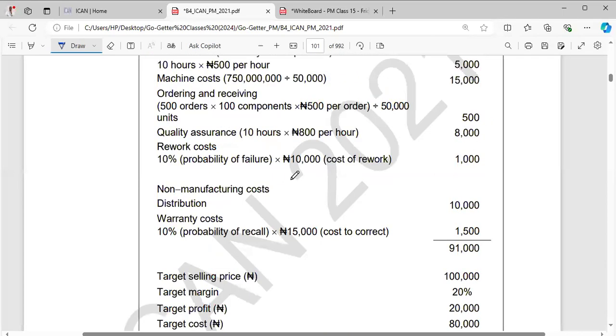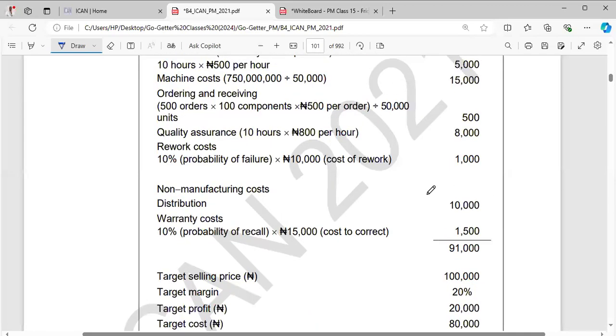We have non-manufacturing costs. Distribution, we are told, is 10,000 naira. Then warranty costs, we have a 10% probability of recall times 15,000. So 10% of 15,000, which is the correction cost, is 1,500. Just as we have 10% here of 10,000, that gives us 1,000.